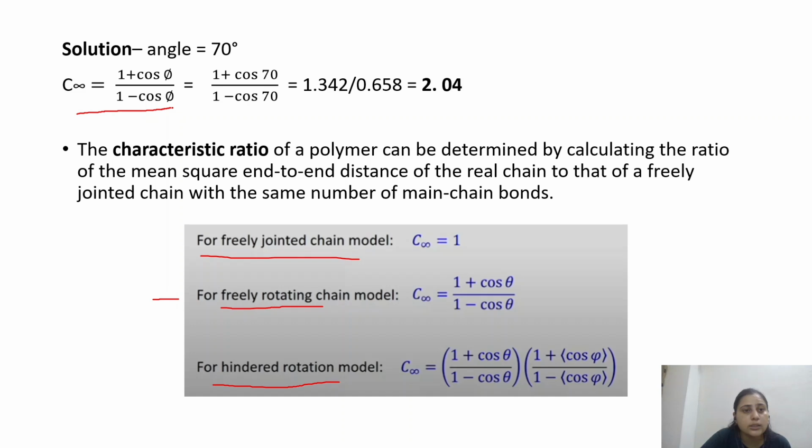So 1 plus cos theta divided by 1 minus cos theta. Theta is already given as 70 degrees. We put the value: 1 plus cos 70 divided by 1 minus cos 70, which is equal to 2.04. So the answer is 2.04.